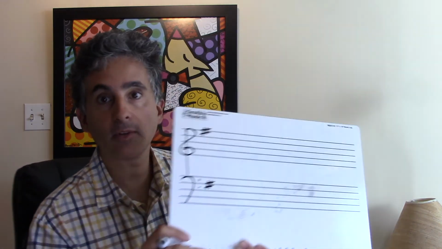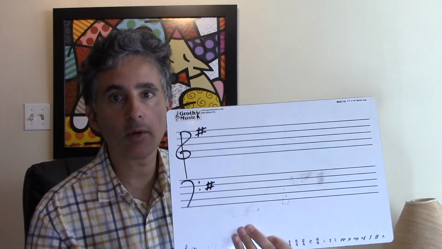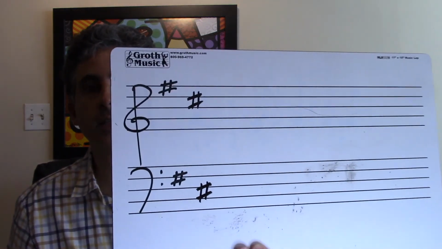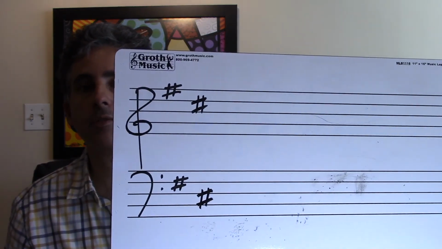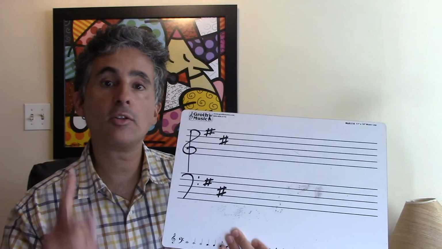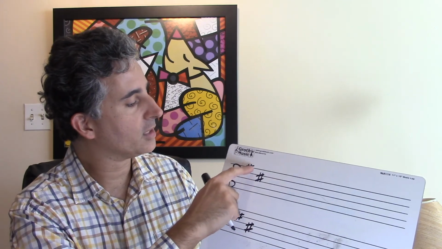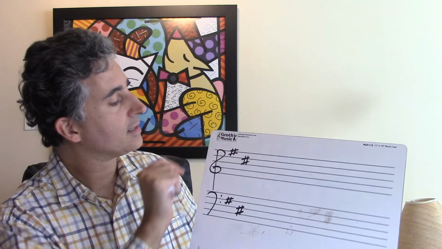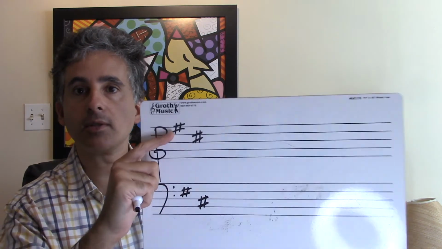So that's where the first sharps go. You can't write them anywhere you want. They have to go in this order. The next sharp goes in this space, and in the bass clef, it goes in this place. You'll notice there are different lines and spaces depending on whether it's treble clef or bass clef, but you have to make sure you memorize which line it goes to. Of course, you could go Every Good Boy Does Fine, and then you know that the first one is an F sharp, and it goes on that top line.